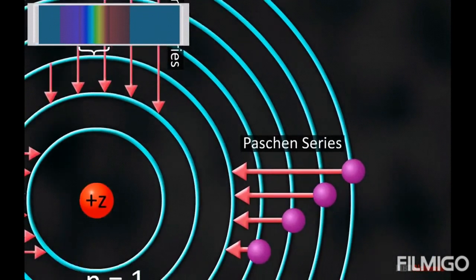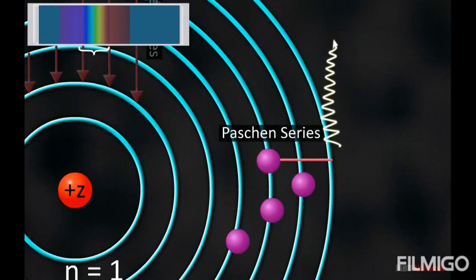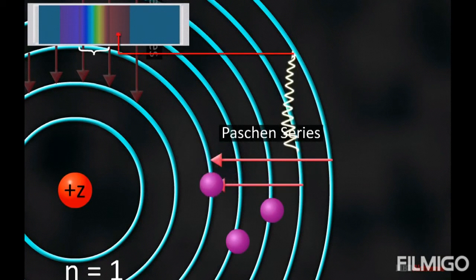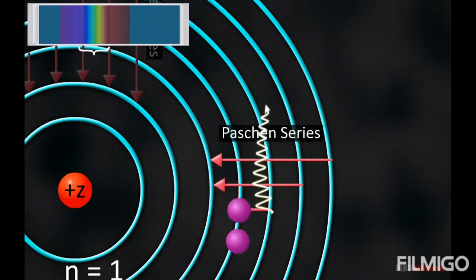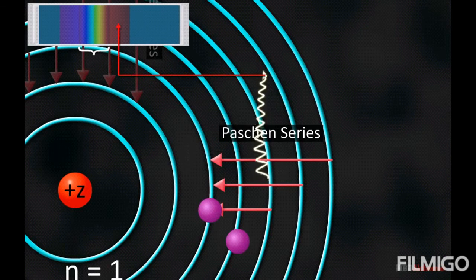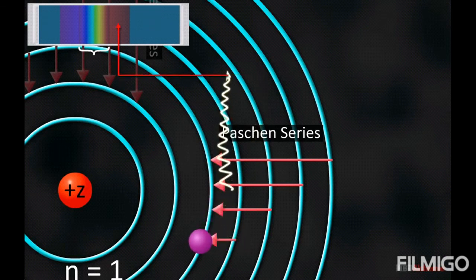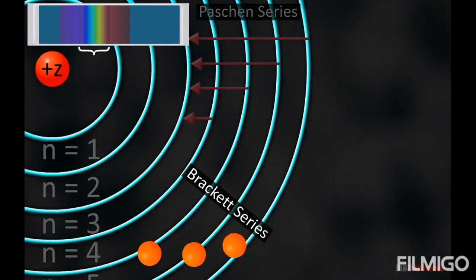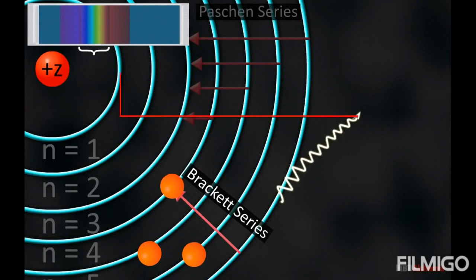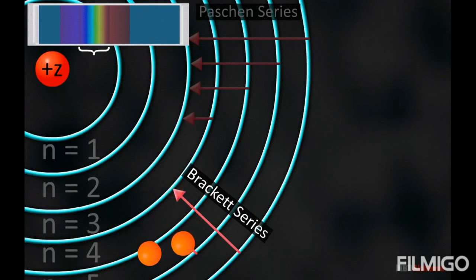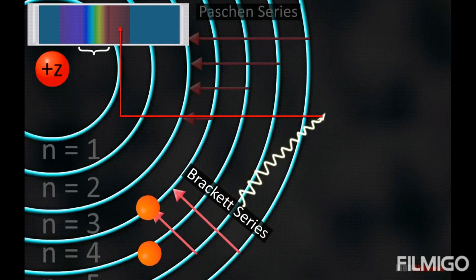Third series is your Paschen series, when electron from higher orbit jumps to third orbit and the energy released lies in IR region. Our next series is Brackett series. Here electrons from higher orbit jump to the fourth orbit and the energy radiated lies in IR region.